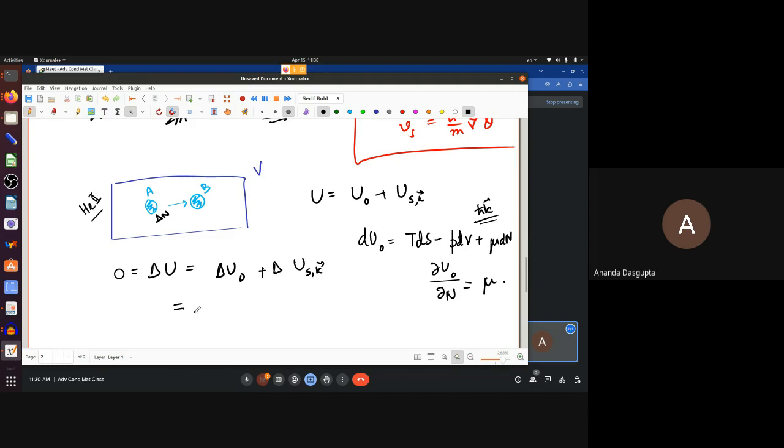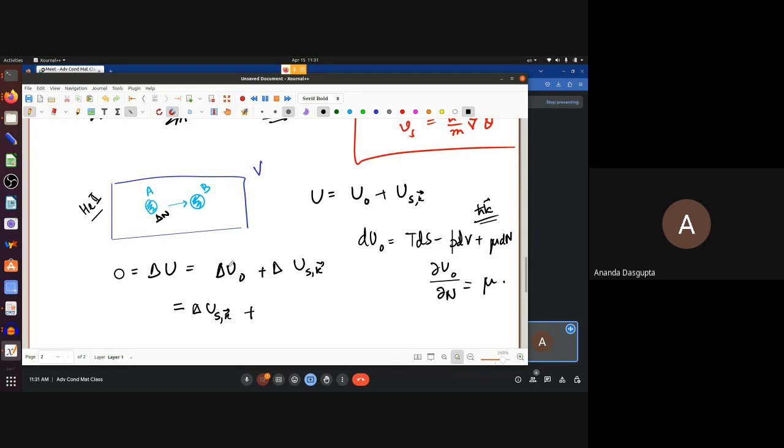So here, what will happen is delta USK is a change in, so the superfluid atoms here had some kinetic energy. That's exactly the energy of the USK here. And when they get to B, they have possibly some other kinetic energy. The kinetic energy can very well change when you move from one place to another. So delta USK, this change, plus the change in U0. That's what you have to look at.